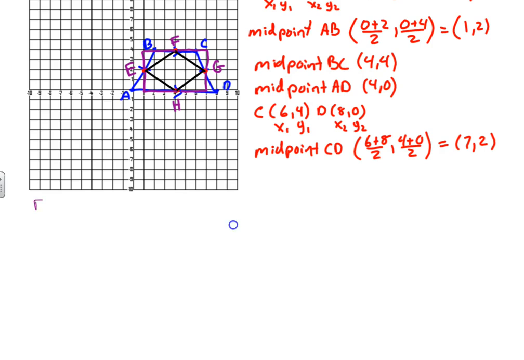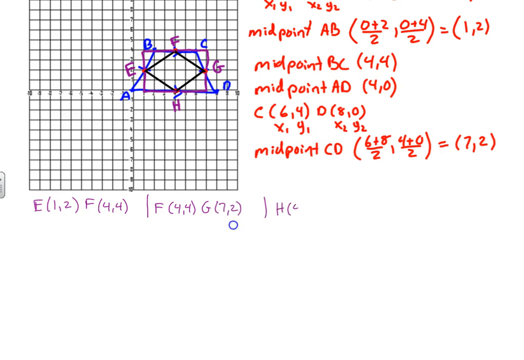So the midpoint E is the point 1, 2, and then F is 4, 4. Let's do that side EF, and then let's do FG. F is 4, 4, and G is 7, 2. Then let's do HG.